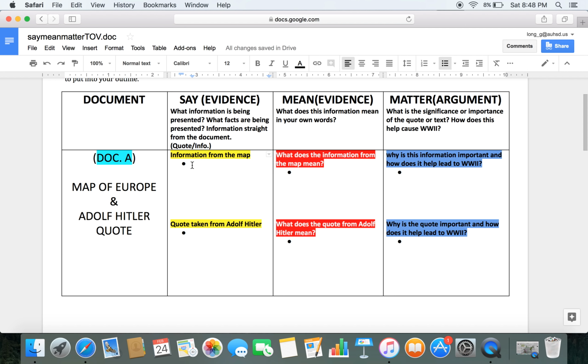So if I'm focusing on Danzig, I'm just going to write something like: Danzig is a major port city which has, of course, access to water.